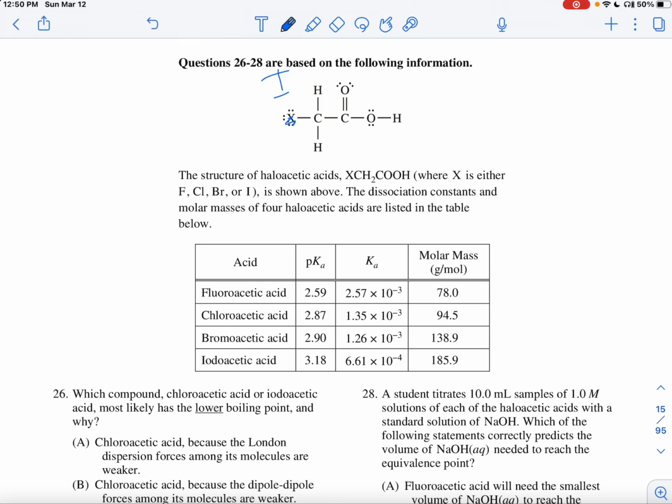Okay, so this is a rare instance where we don't need to talk about those stronger ones because they're all going to be the same. They're happening over here, right? That's where the hydrogen bonding and dipole-dipole stuff is happening. That side, which is the same for all four of them. So it doesn't matter as much here.